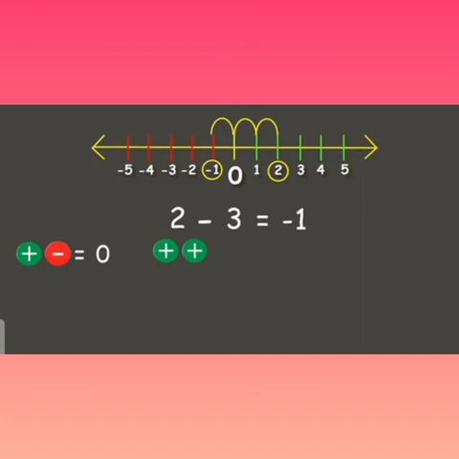Now, we can add a pair of 1 positive and 1 negative here so that we will have 3 positive. At this point, we can now cancel out 3 positives. And now we have 1 negative left. Therefore, our answer is the same, which is negative 1.